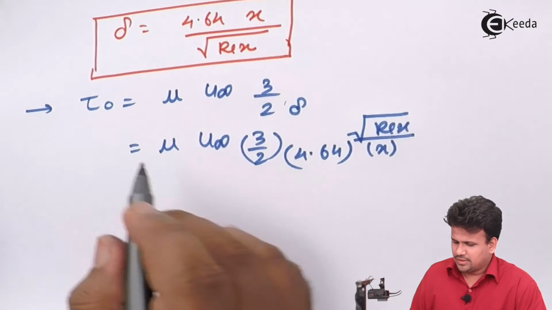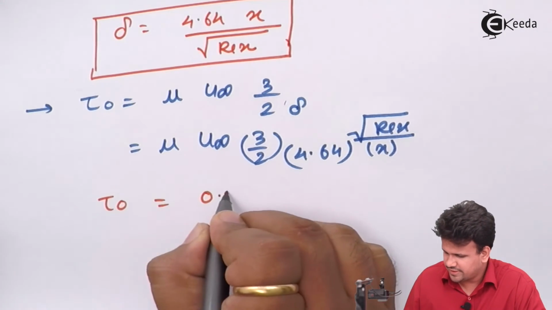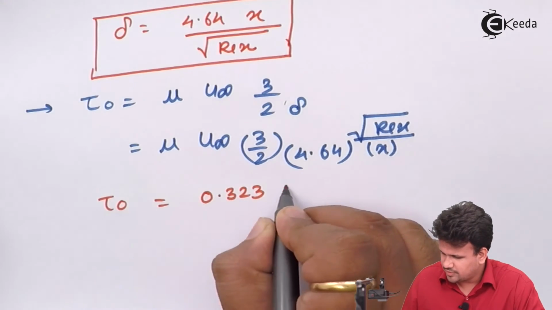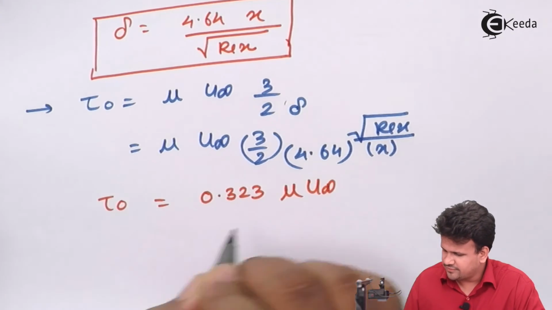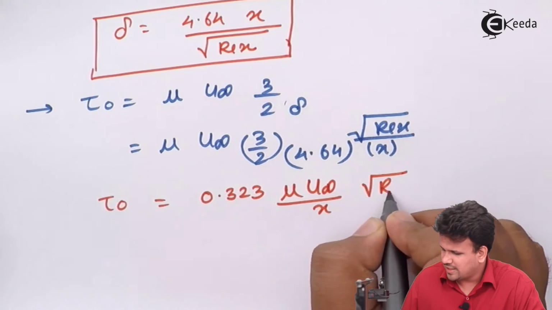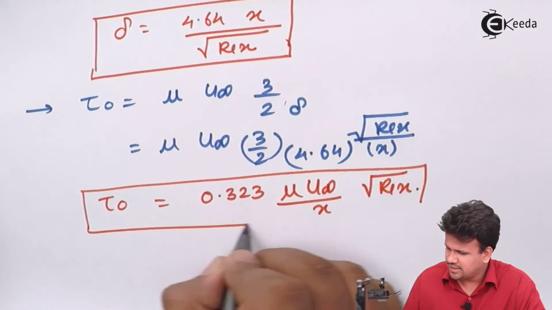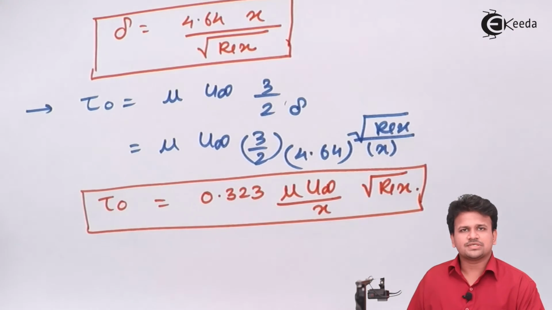So this tau 0 will be equal to 0.323 mu into u infinity upon x into square root of Re_x. So we have got the equation of shear stress in terms of Reynolds number.